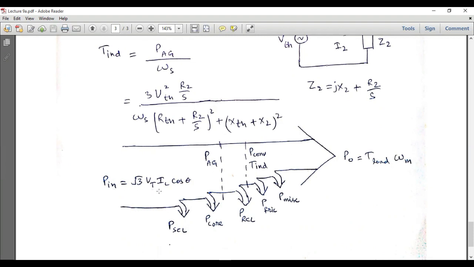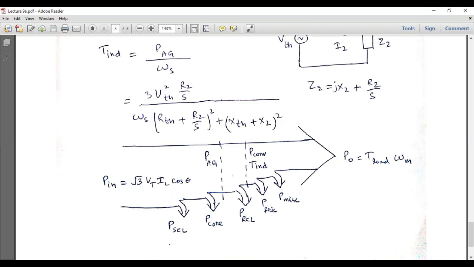The first loss which appears across the motor from the stator side is the stator copper loss. Then we will have core losses, and after the core losses there will be a magnetic field present in the air gap. So at this stage we have the air gap power, and after the air gap power, that magnetic field links with the rotor and EMF is induced across the rotor winding.